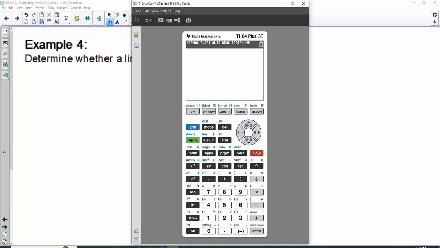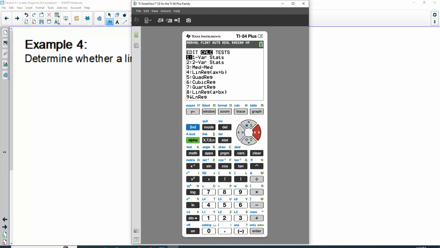Now if we go into our stat calc, this is all the stuff it can find. We want to see if a line is a good model. So we are actually going to have it write the equation of our line for us. Not because that's what I'm looking for right now, but that's the screen we go to.